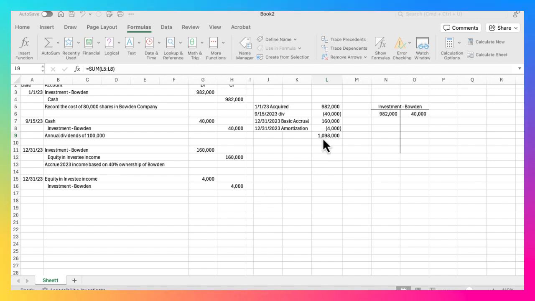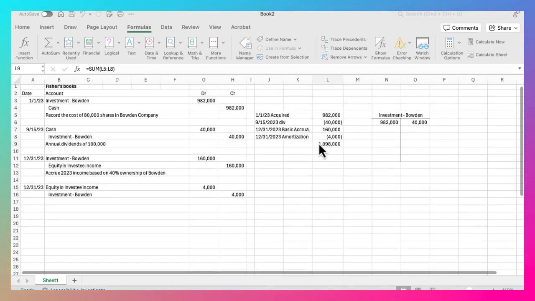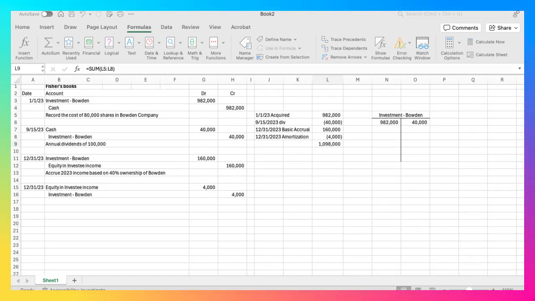So what we need to do is we need to say, okay, we're not done yet. The reason why we're not done is because we're selling stock in the middle of the year, but because that net income was earned evenly throughout the year, we need to record a percentage of the income and a percentage of the dividend, okay?